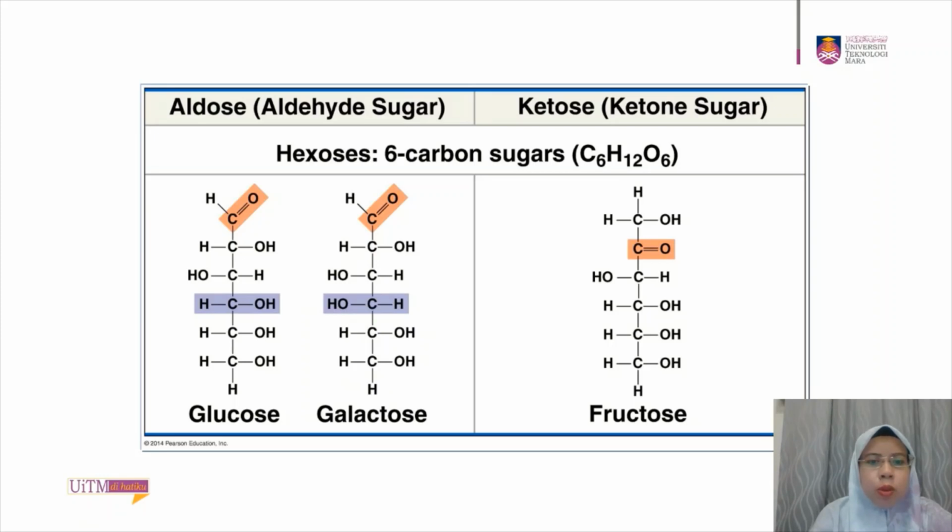In glucose and galactose, the carbonyl group is at carbon number 1, compared to fructose, where the carbonyl group is at carbon number 2. And the difference between glucose and galactose at carbon number 4 is the location of the hydroxyl.